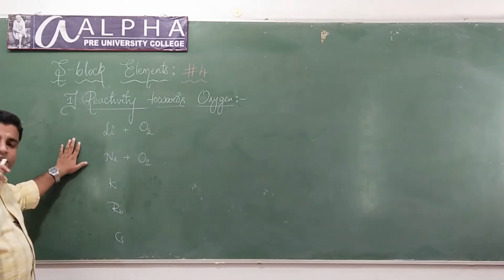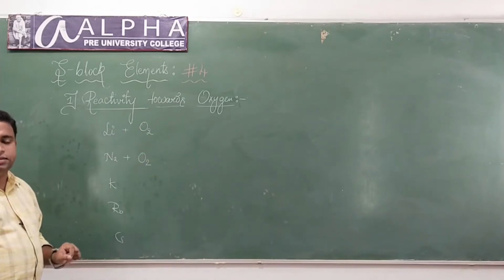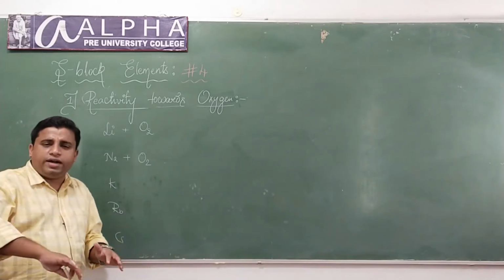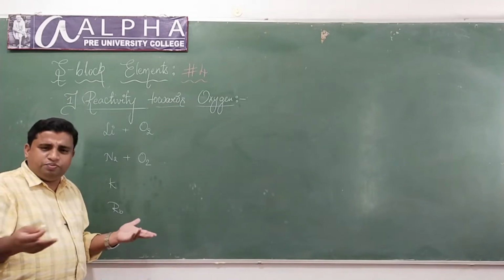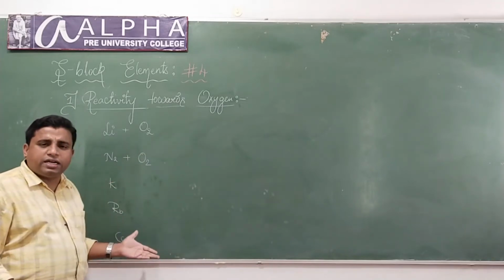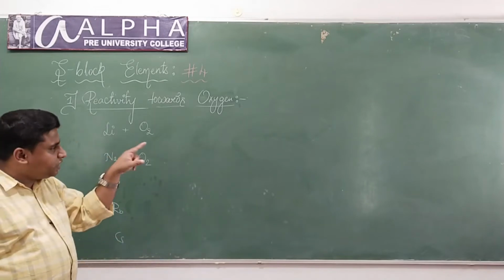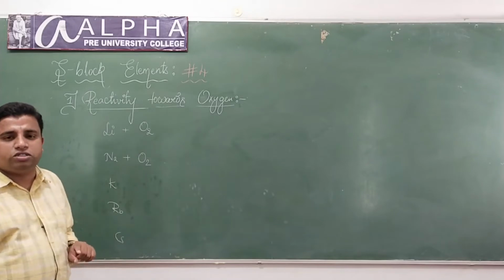Just try to understand the concept. Try to understand the product that is formed in these reactions. You don't have to worry about balancing, because we have already finished balancing reactions in redox reactions. Based on that we can balance them, but it is not necessary here. Our intention is to learn what products are formed in various reactions.